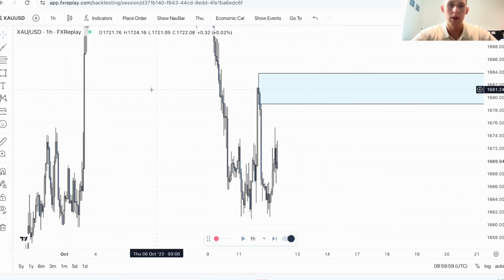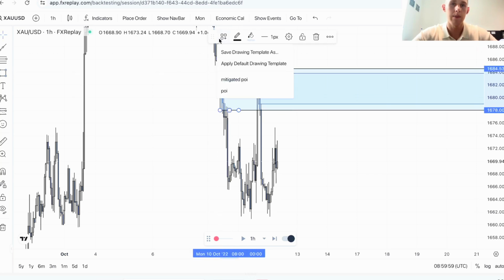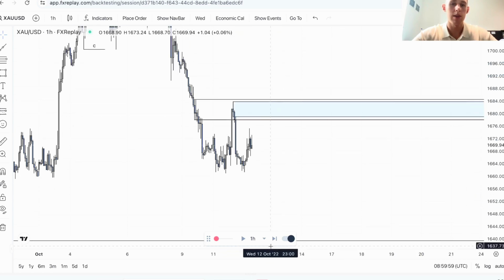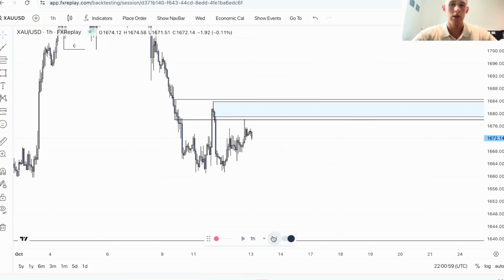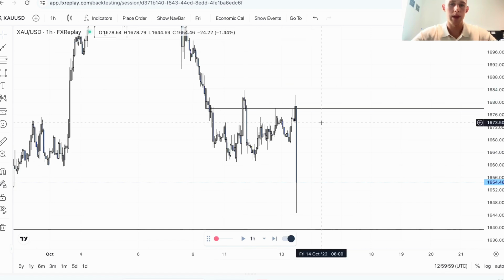So price sort of reacted from this hourly supply. Demand failed, so I'm going to wait and see how price reacts within that hourly zone. All right, so there we go. But obviously no confirmation.